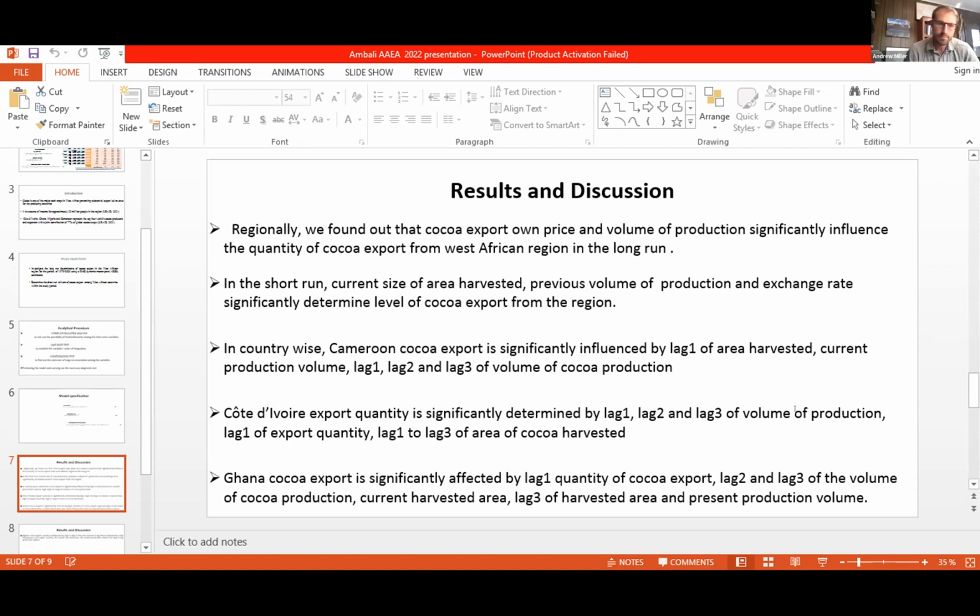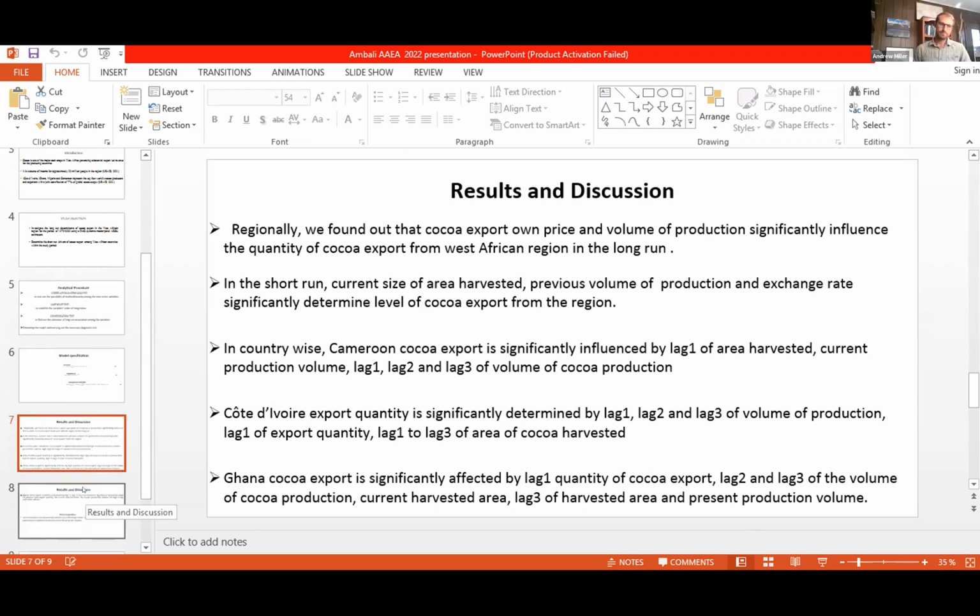Okay, thank you. Ghana is also significantly affected by lag 1 quantity of cocoa export, lag 2 and lag 3 volume of cocoa. Okay. Thank you. You are welcome.